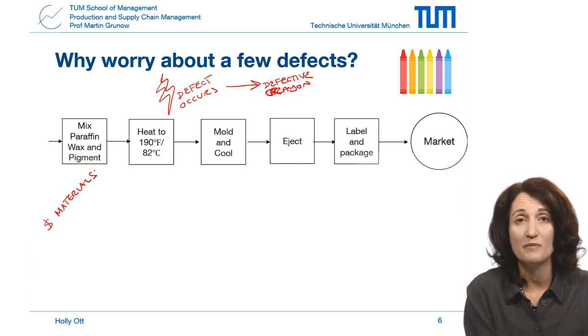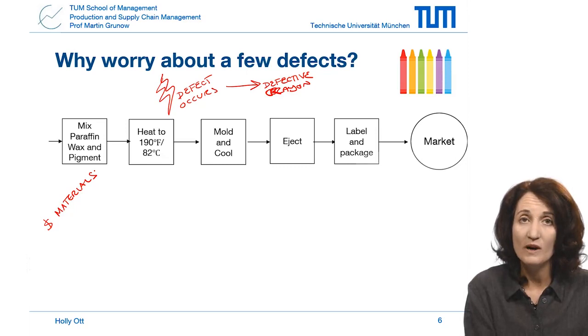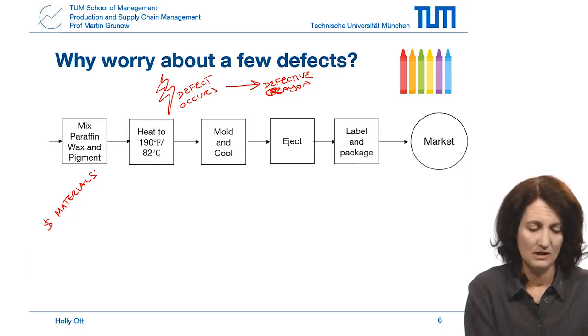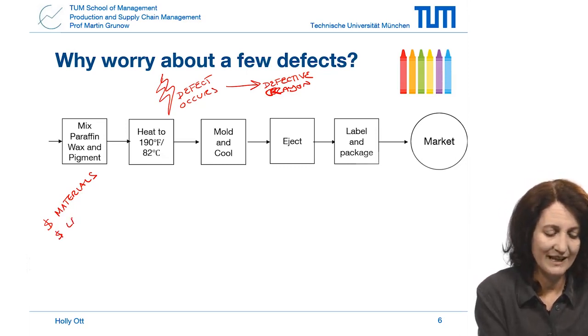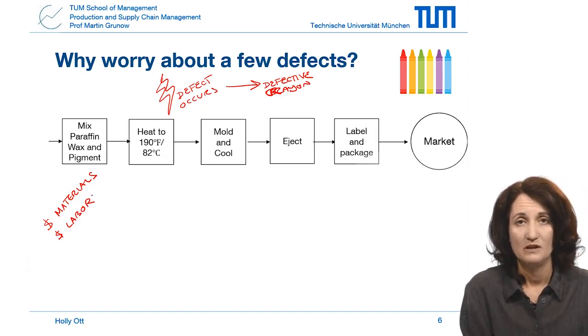Even when we scrap the batches, we know that it's a small amount of money. But where else do we have costs? Well, we have also the labor that went into making that crayon. The people that we've hired for our process are there to make the products, and we're paying them for making parts that we cannot sell.